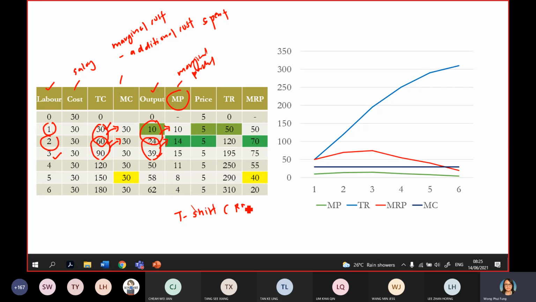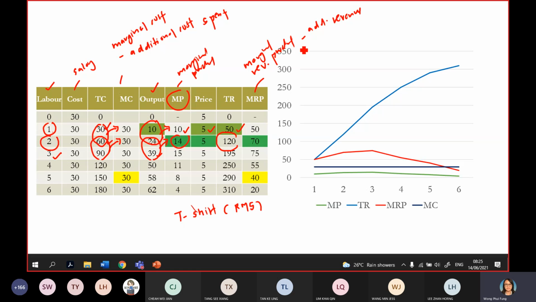One t-shirt, 5 ringgit. Okay, so say just now the labor produced 10 t-shirts times 5, becomes 50. Then when I hire additional labor, they can produce 24. But actually, when we deduct already, the marginal product is 14. So 14 times 5, I get the revenue is 120. Okay, then MRP is the marginal revenue product, which means additional revenue. Just now was additional cost.